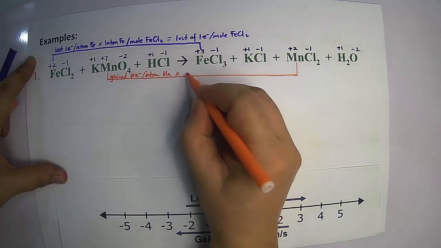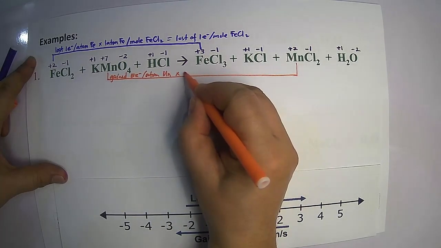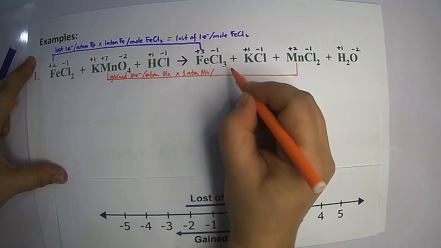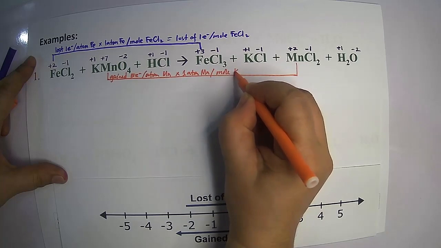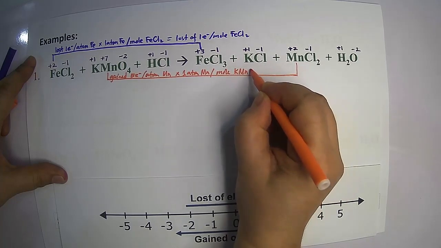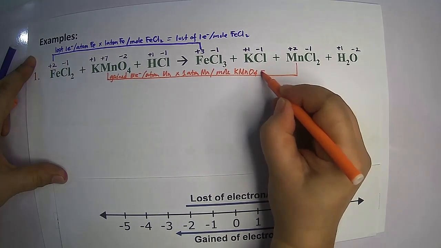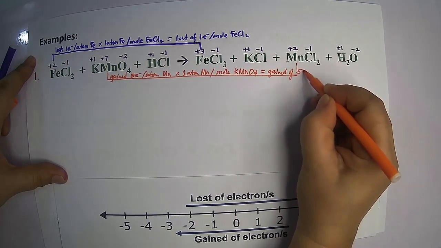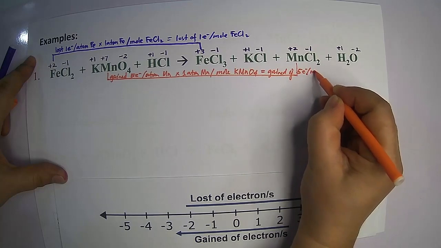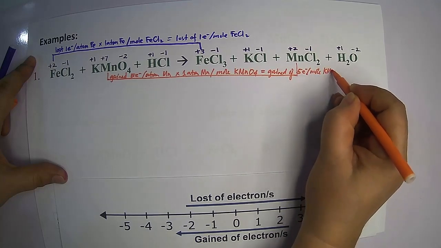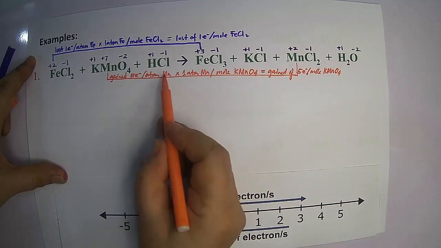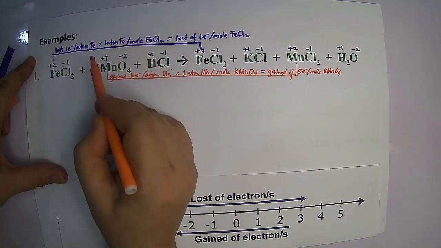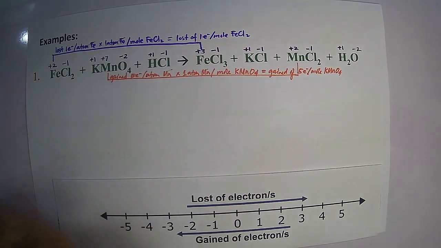In the compound potassium permanganate, you have 1 atom of manganese per mole of potassium permanganate. So there is a total gain of 5 electrons per mole of potassium permanganate. The atoms cancel out, similarly here, which gives you the unit per mole.